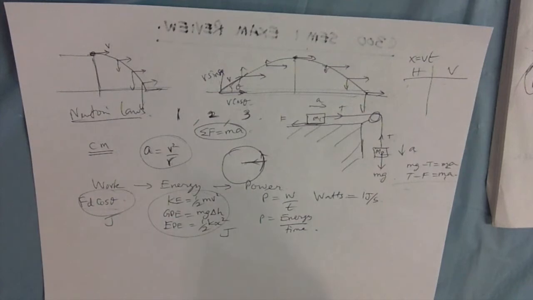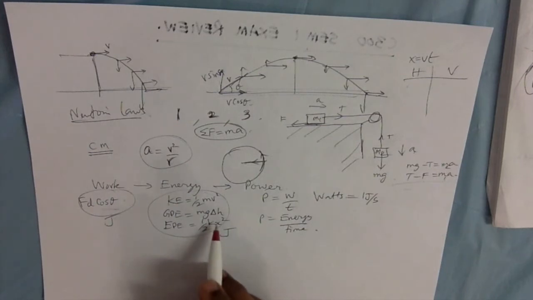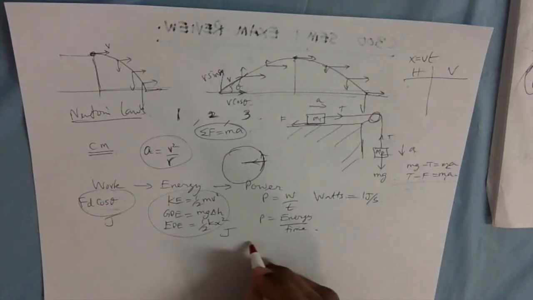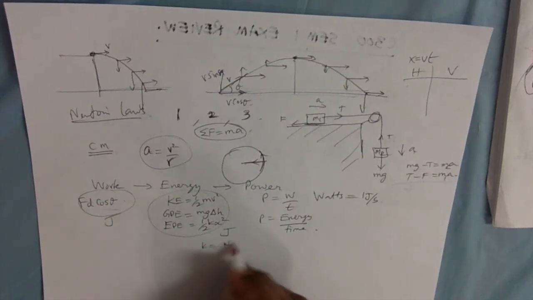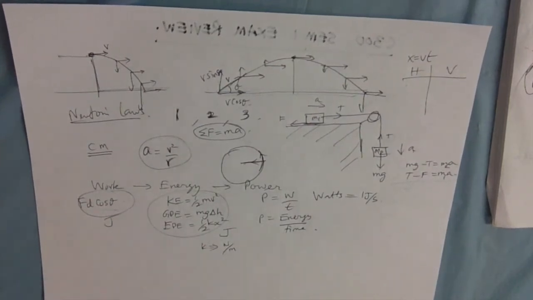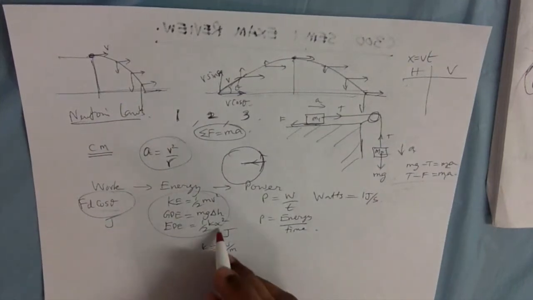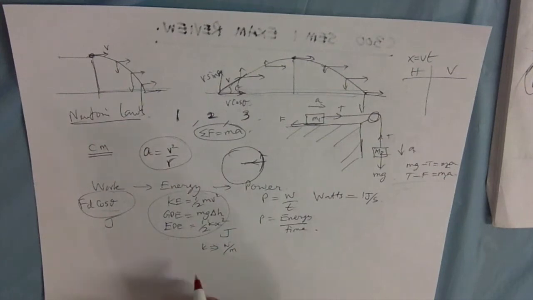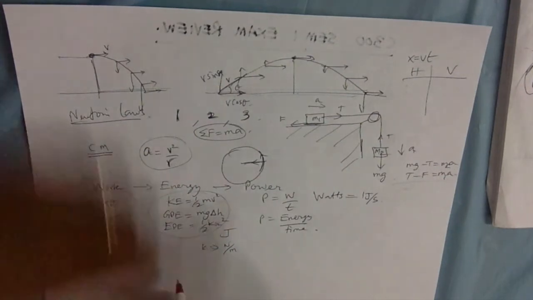And in springs cases, you have to use half kx squared, where k is the force constant, and the unit of k is Newton per meter. So if a spring stretches or compresses by displacement x or extension x, then you can use half kx squared and find out how much is the elastic potential energy right there.